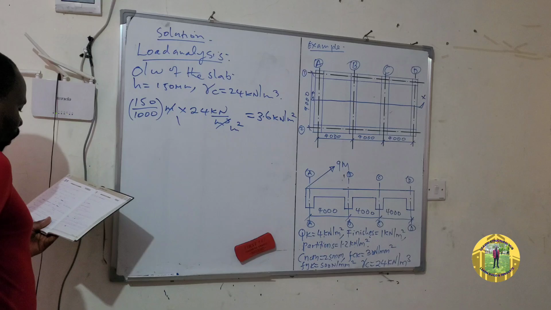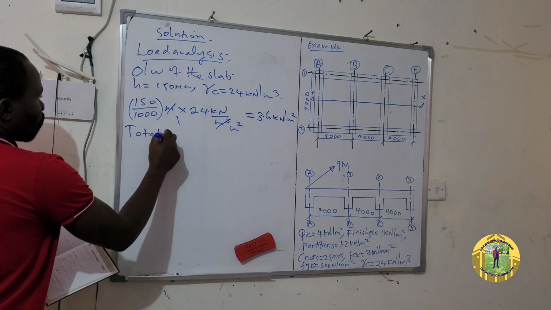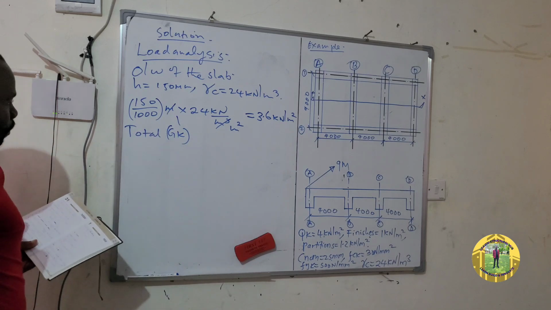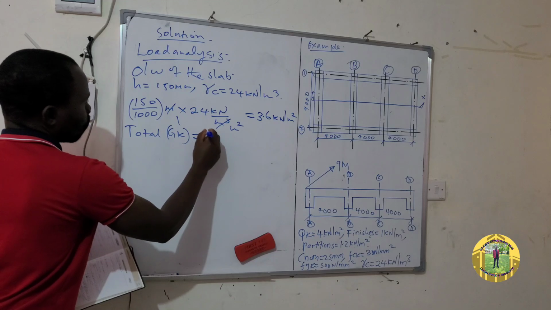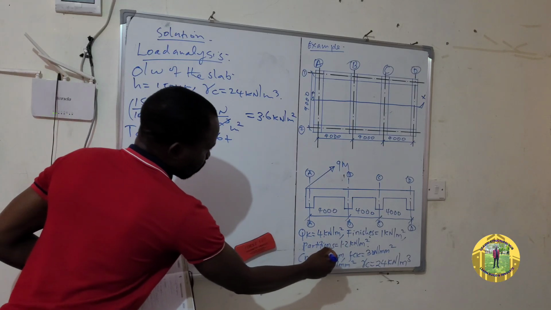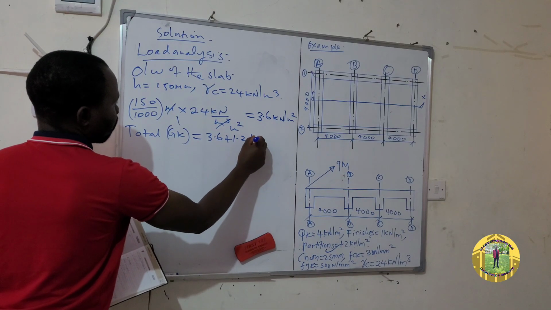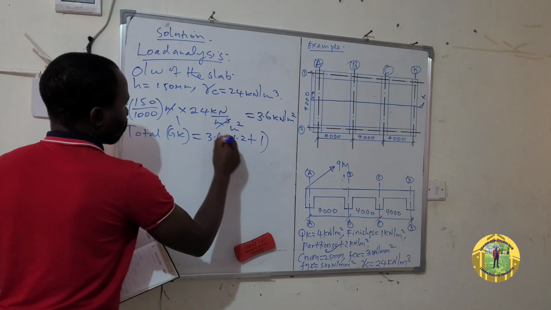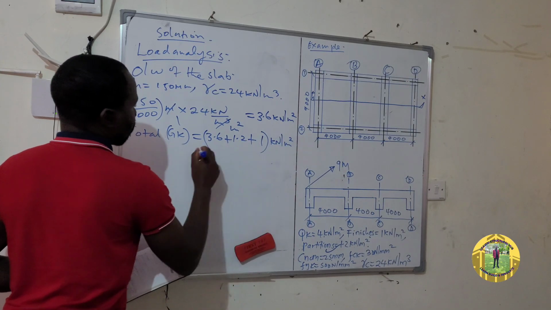And then the total GK, this is the permanent action, is equal to 3.6 plus the partitioning, which is 1.2, plus the finishes, which is 1. All of these are in kilonewton per meter square.